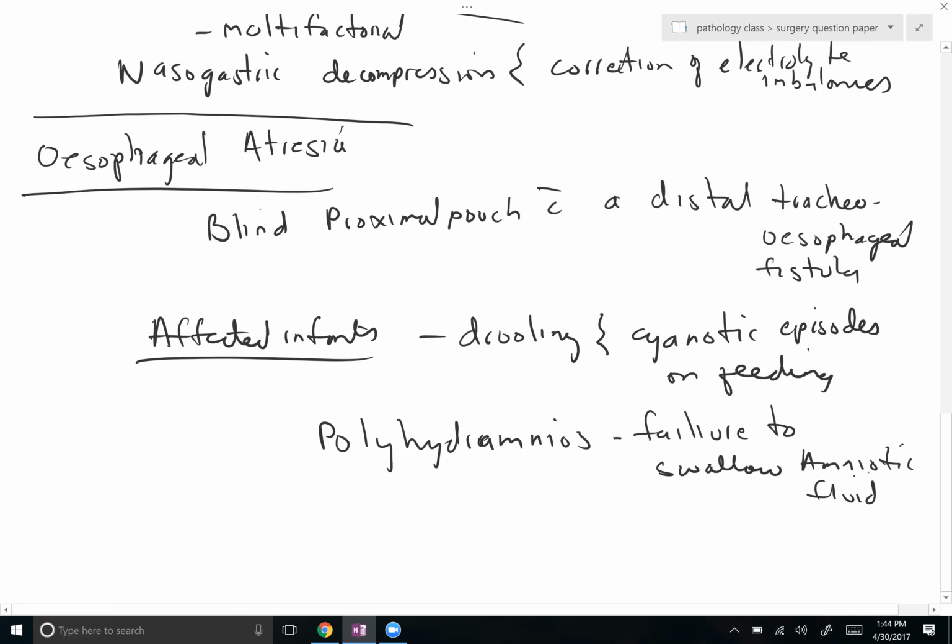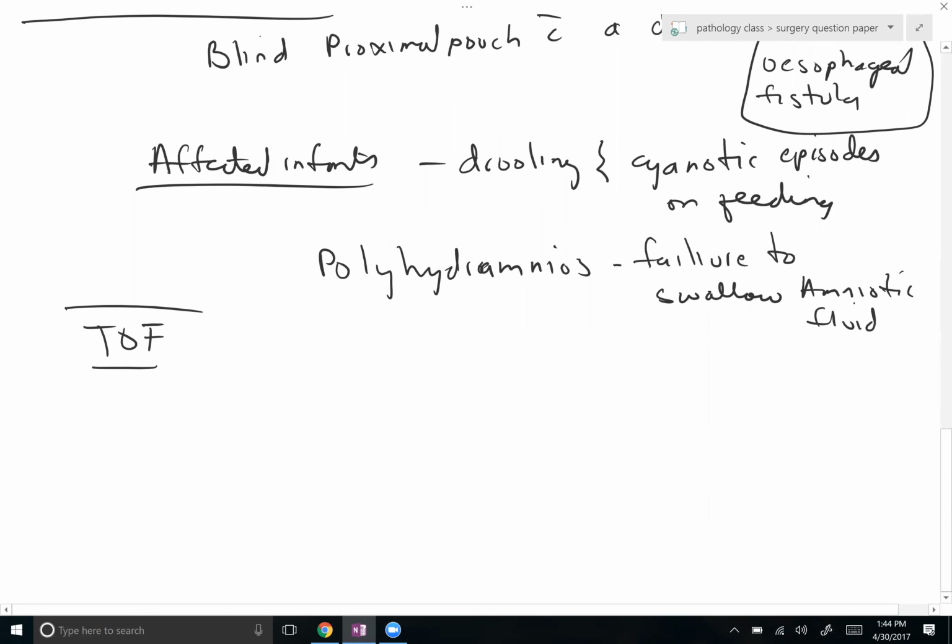This is associated with a condition known as tracheoesophageal fistula. We already mentioned it over here. We'll just add tracheoesophageal fistula in this for timing, because we'll discuss both of these conditions.